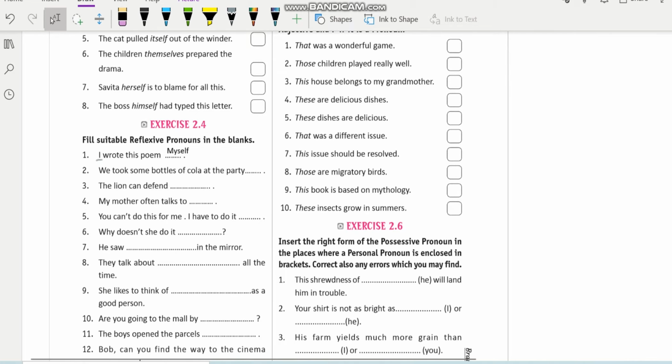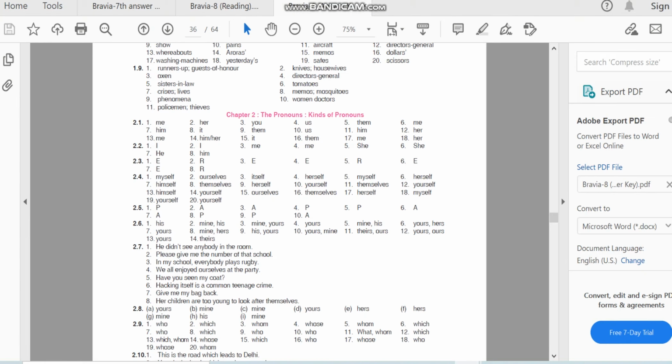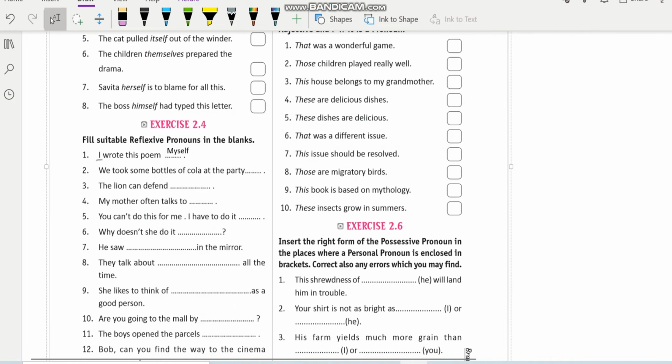Now if I say those children played really well, those is coming along with the children here. Those children. So it is followed by the word children, right? So it is describing the word children. So it has to be an adjective. I hope this is clear to you.